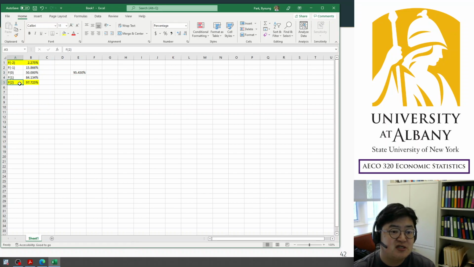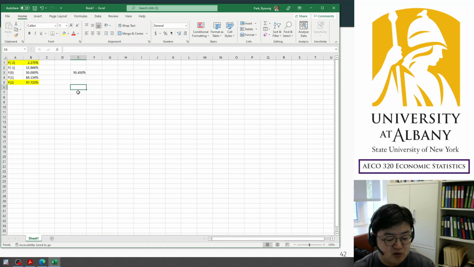So probability smaller than 2 is 97 point something percent. But we have to exclude the outcomes even smaller than -2, right? So their difference is the outcomes between greater than -2 but smaller than +2. So this is how you can do it.